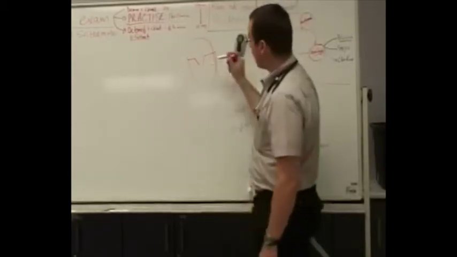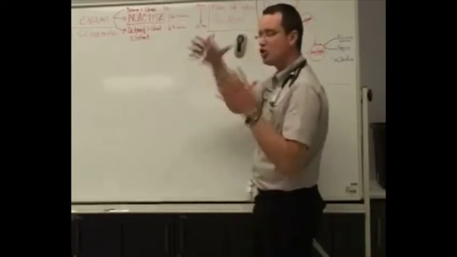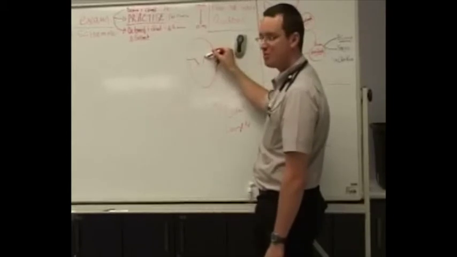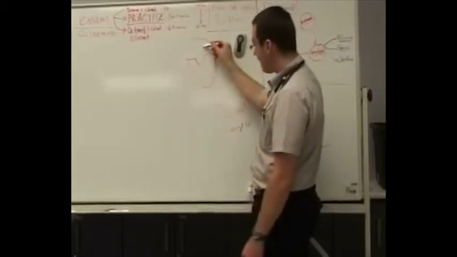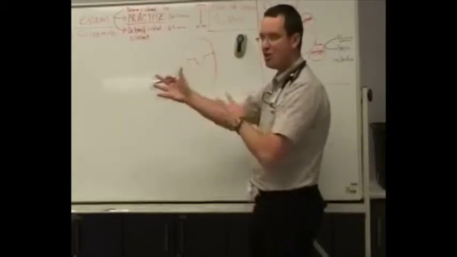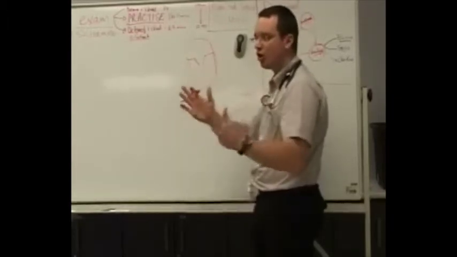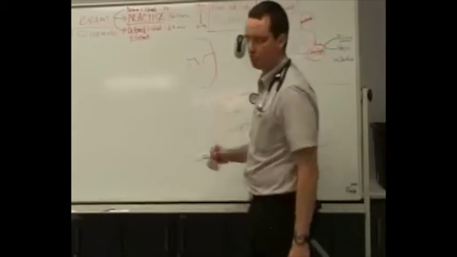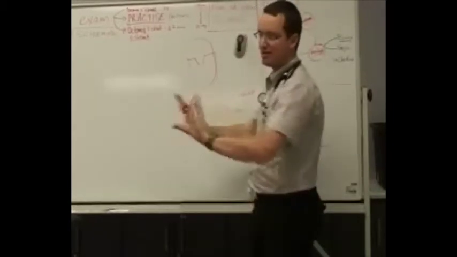The only way that the atrium and the ventricle contract together, so that you can have a contracting atrium against a closed tricuspid valve, is when the atrium and the ventricle are not in synchronization. 3rd degree heart block, or 3rd degree AV block. Complete heart block. They're running separate systems.